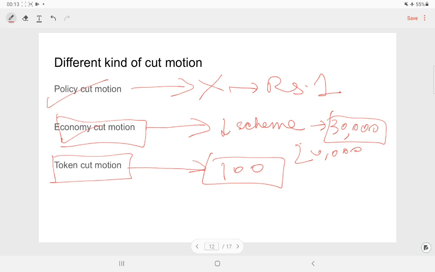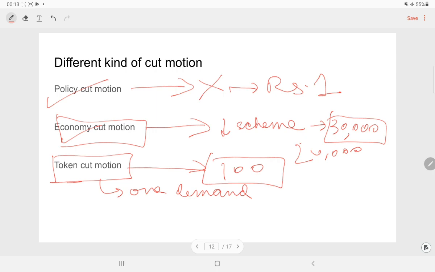There are certain conditions which must be satisfied: it should relate to one demand only, it should be clearly expressed, it should not relate to a matter that is under adjudication by a court, and it should not relate to expenditure under the CFI, Consolidated Fund of India. These are the different conditions which need to be satisfied when presenting a token cut motion.